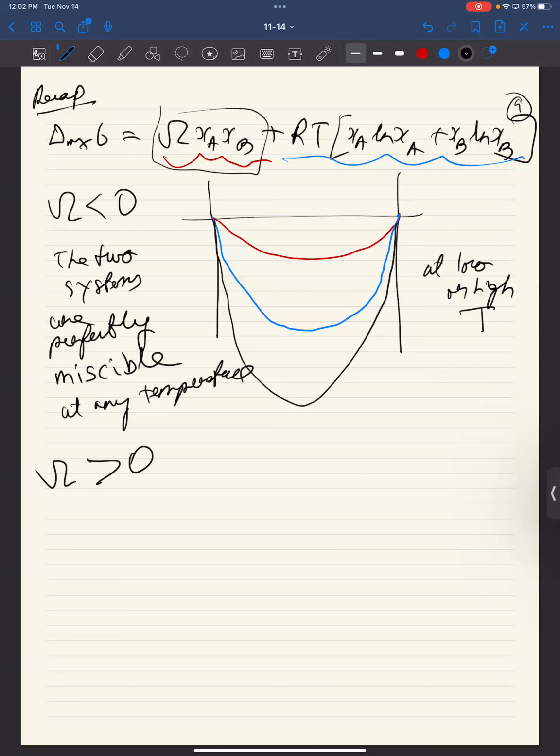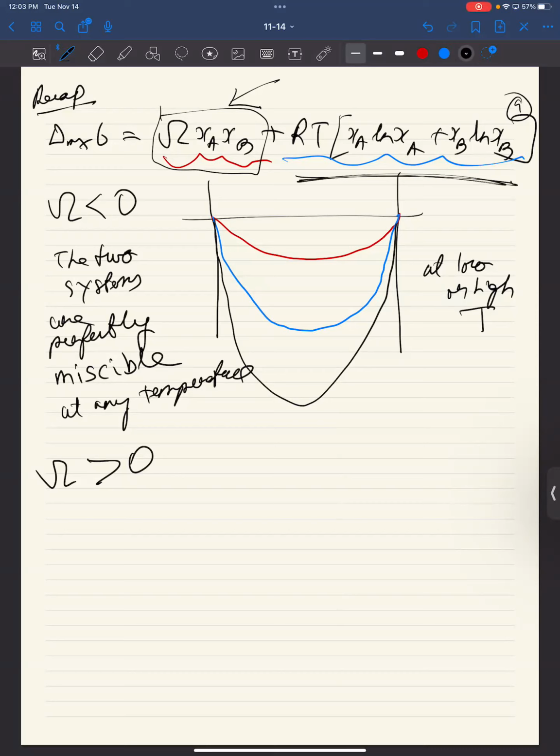In this expression of enthalpy of mixing plus entropy of mixing, temperature shows up only in the right part, the entropy of mixing. So at high temperature, you expect only this term to dominate. As you go to very high temperatures, the effect of omega becomes immaterial, because if T is equal to infinity, it doesn't matter whether omega is positive or negative.